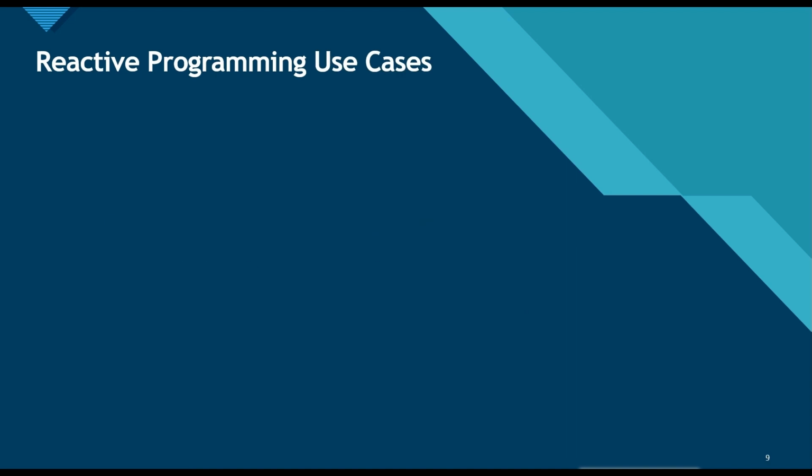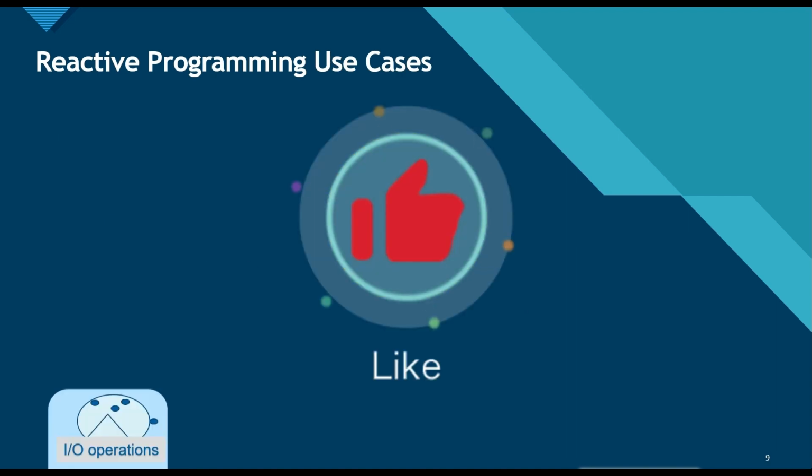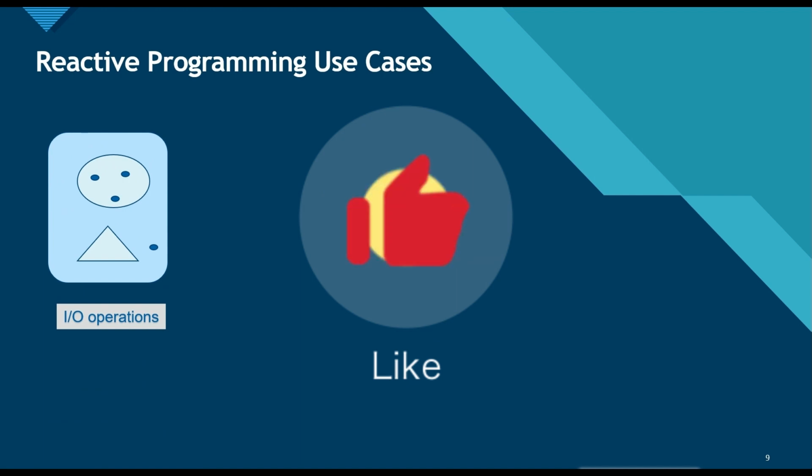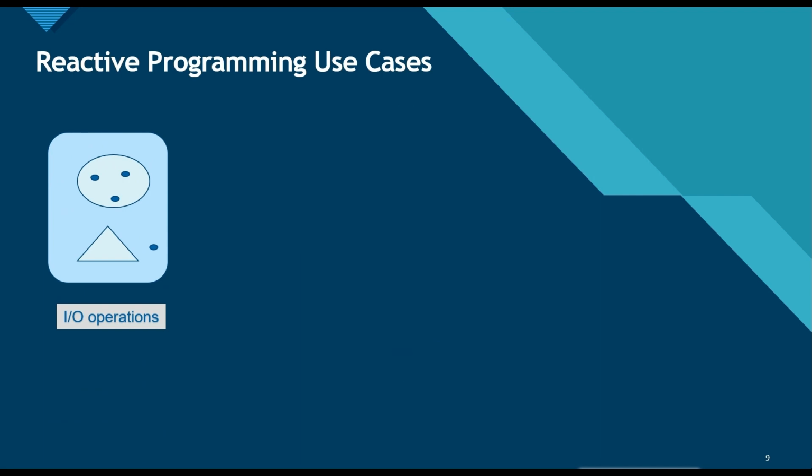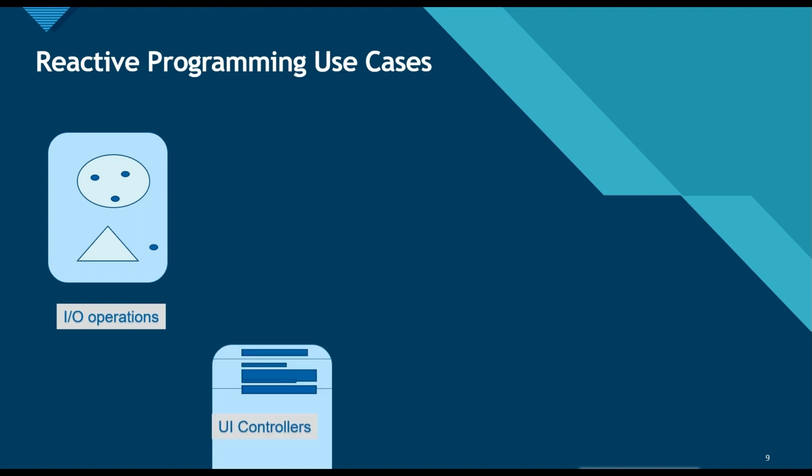Now, what are the use cases of reactive programming? The major use case is input output operations, that is, architectures or system designs where there are heavy input output operations, such as interacting with databases or integrating with other services.